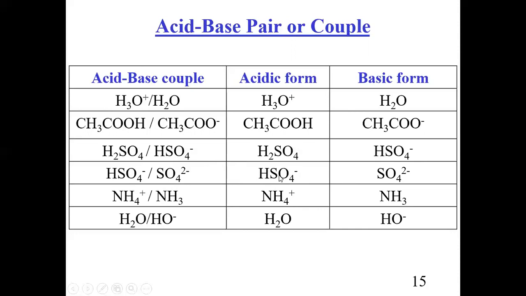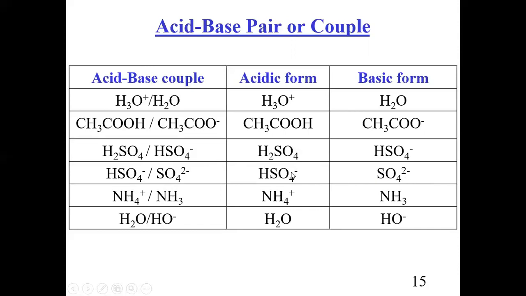Just as an example, look at this, HSO4 minus. If I told you that this is the acidic form and I want its basic form, what you would do is, if this is the acidic form, it's going to lose a proton to become SO4. It lost its proton.